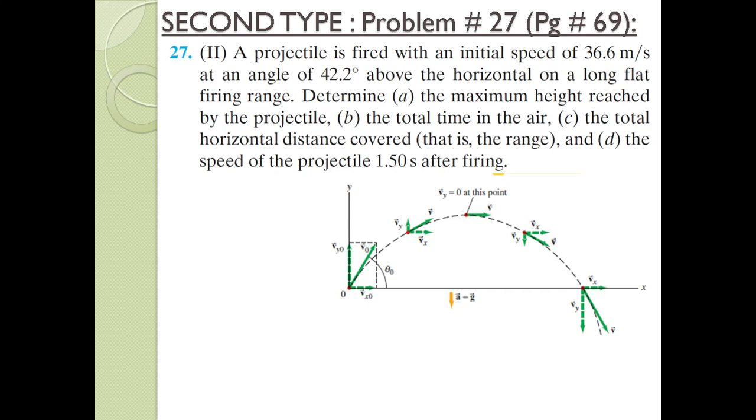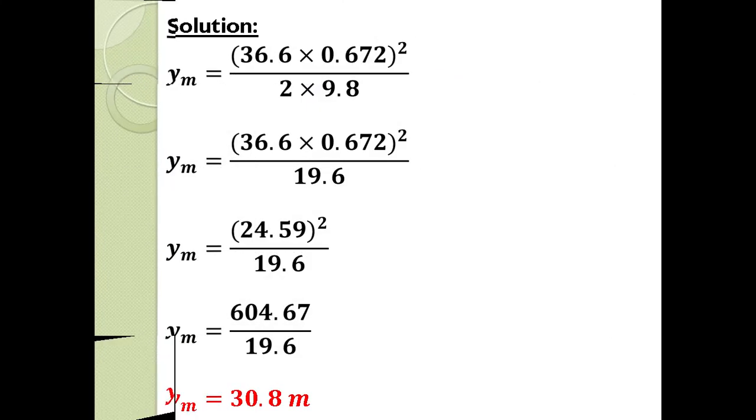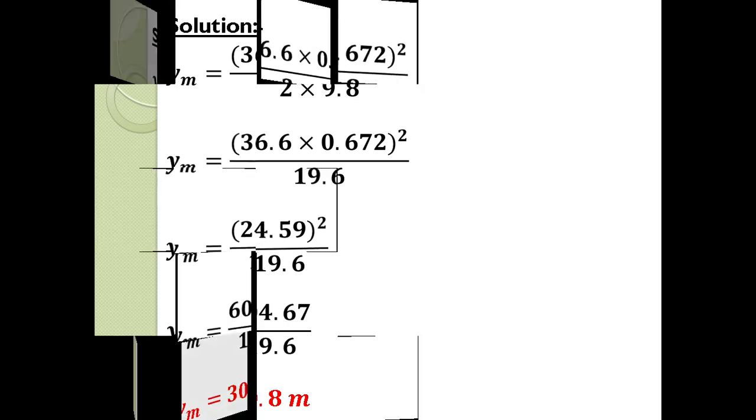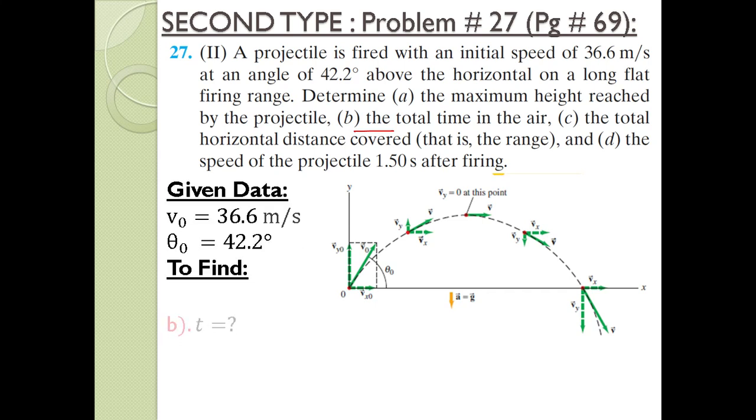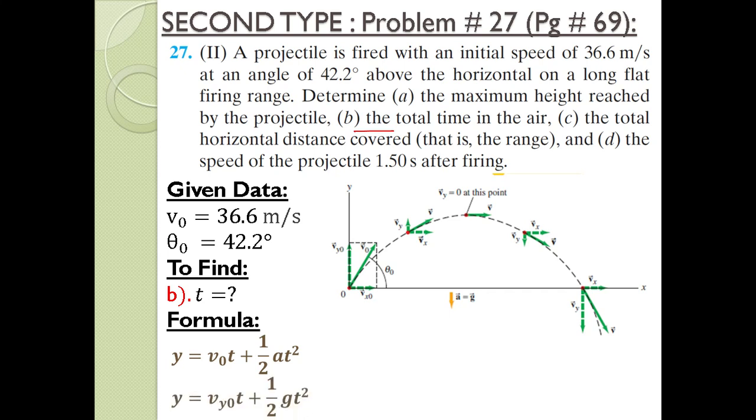Similarly, the second part of the question is the total time taken in the air. Keep in mind that you now have ym of 30.8, approximately 31 meters. The given data is the same: initial velocity and theta are given. To find the time, I can use the second equation, y is equal to vy naught t plus half g t squared, substituting the same values.